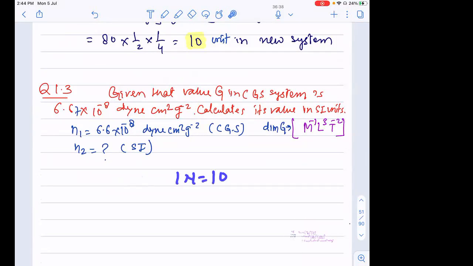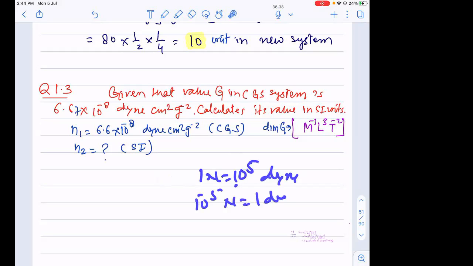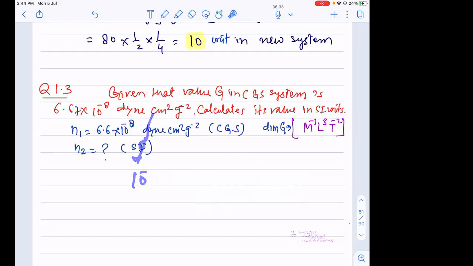This we did in the previous class. 1 Newton is 10 to the power 5 dynes. So from here you will get the value of dyne. How much will it come? 10 to the power minus 5 Newton will be 1 dyne. That you can put here. Centimeter: what do we write for centi? Centi is 10 to the power minus 2.